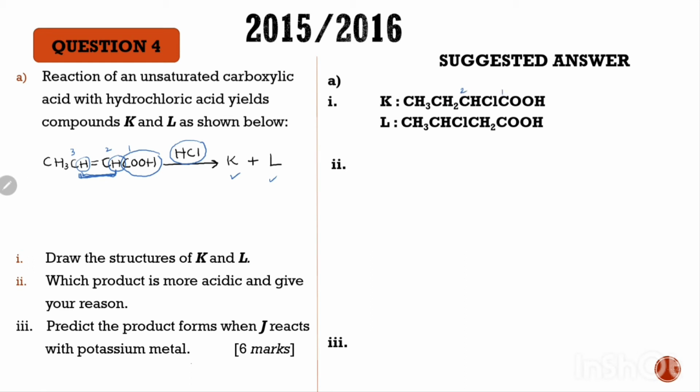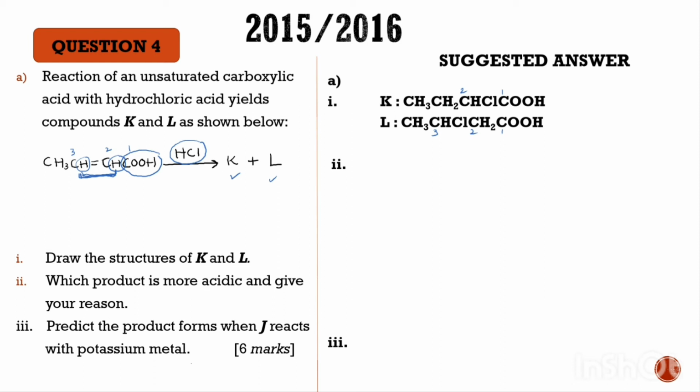Okay, carbon number 2. And then untuk L tu kita tambah Cl pada carbon number 3. Okay, jadi sebab soalan tak bagi apa-apa maklumat tentang K dan L, so awak boleh tulis mana-mana satu lah untuk structure K L tu. Okay, boleh juga vice versa.